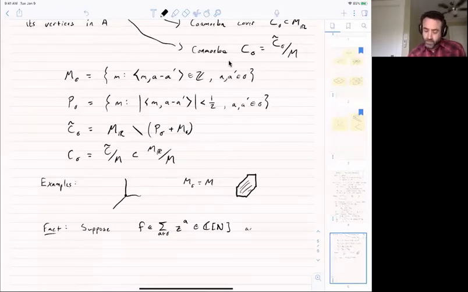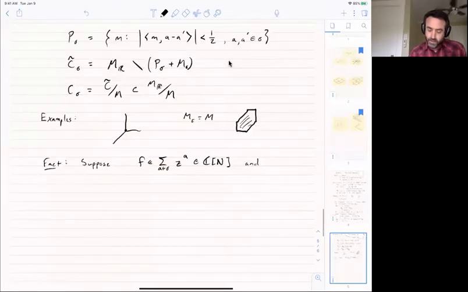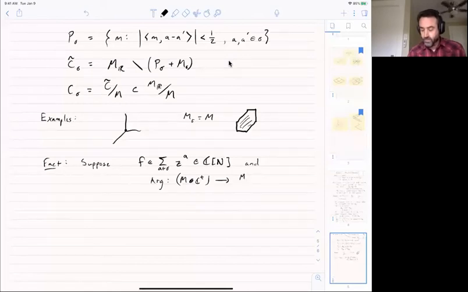And I have an argument map, which naturally takes the complex torus to the real torus. And what we can do is we can see that the C sigma, I'm not sure if I need to translate here, but I think I'm okay, but may need to translate.